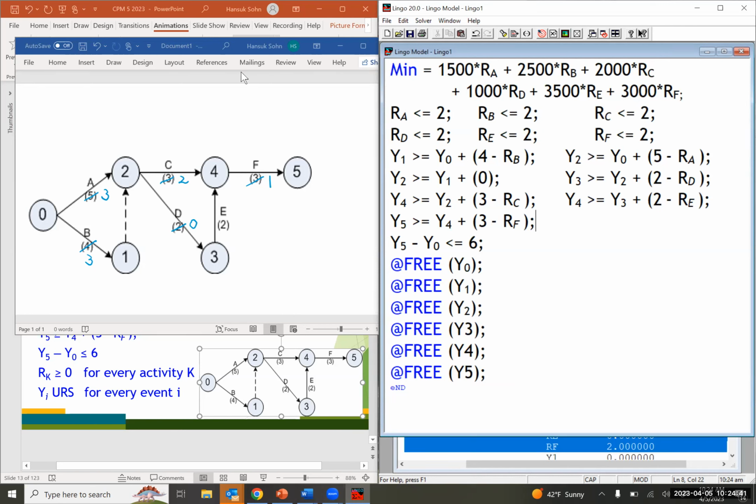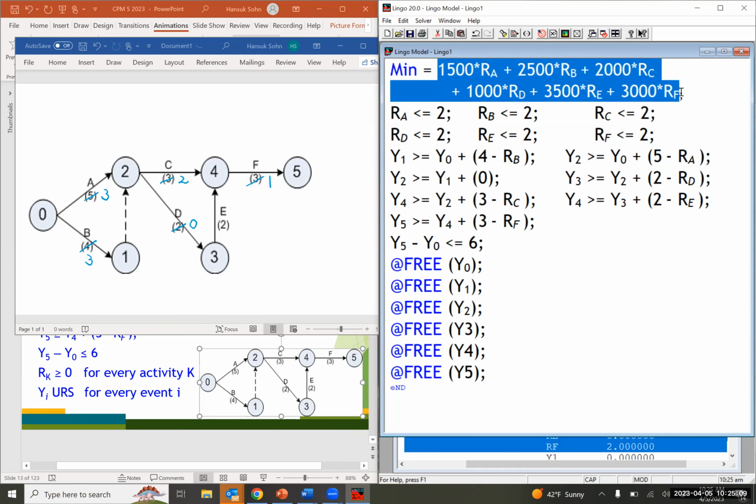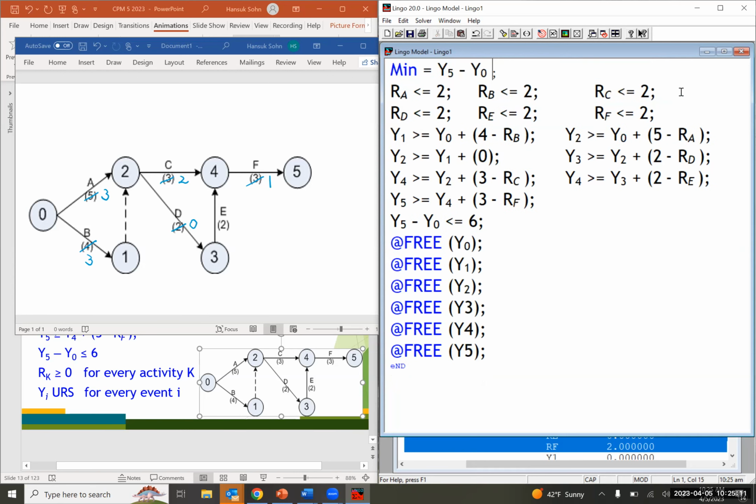Based on this new project network diagram, let's build up the primal LP model so that we can at least obtain the minimum project completion time. That's the objective function, if you remember, for the primal LP.